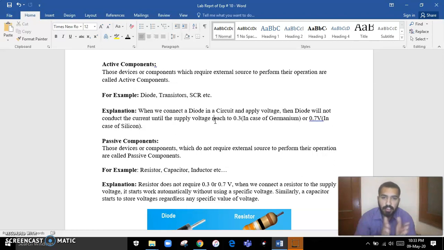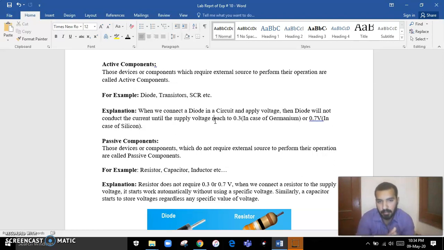In the case of germanium, the diode requires 0.3 volts, and in the case of silicon, it requires 0.7 volts. When the input voltage reaches the specific 0.3 or 0.7 value, then this diode will perform its operation.